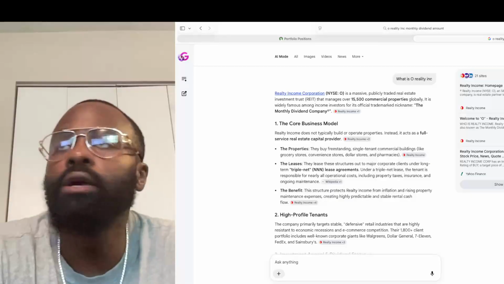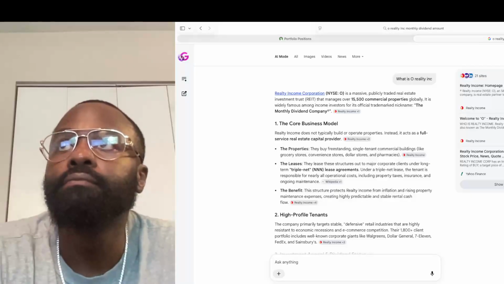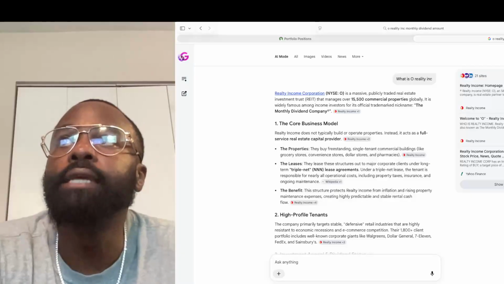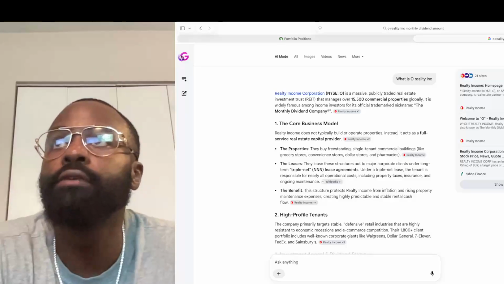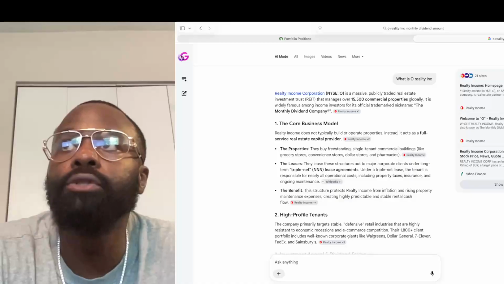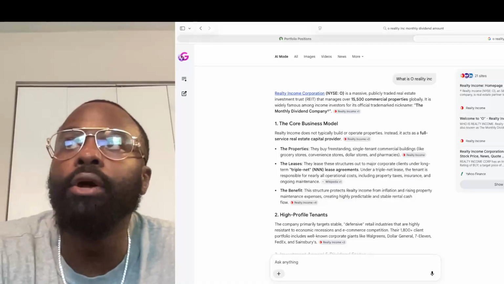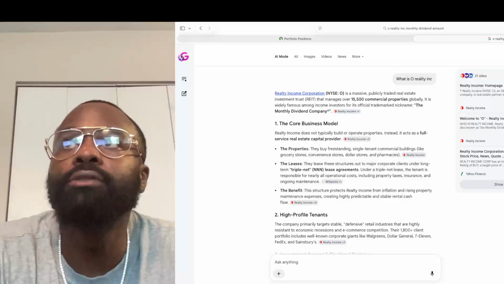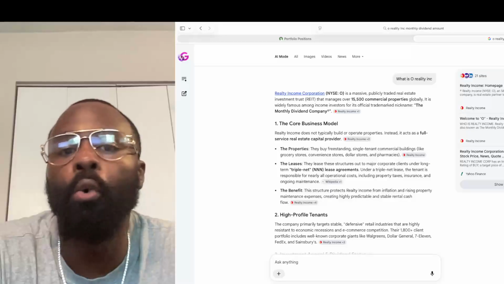All right. So then it breaks down the core business model. The properties: they buy freestanding, single tenant commercial buildings like grocery stores, convenience stores, dollar stores, and pharmacies. The leases: they lease these structures out to major corporate clients under long term triple net lease agreements. Under a triple net lease, the tenant is responsible for nearly all operational costs, including property taxes, insurance, and ongoing maintenance.